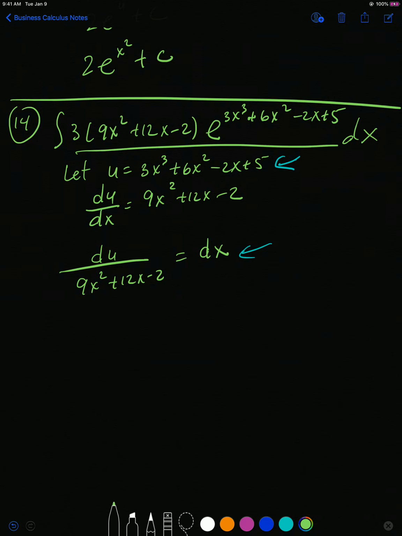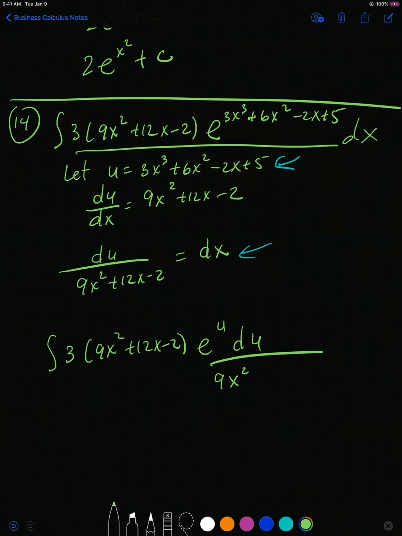So this entire equation becomes the antiderivative of 3 times (9x squared plus 12x minus 2) e to the u du divided by 9x squared plus 12x minus 2.